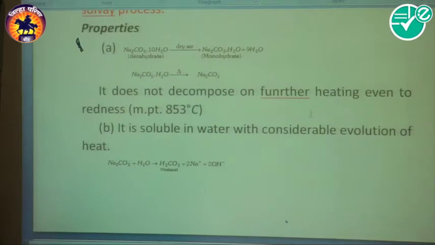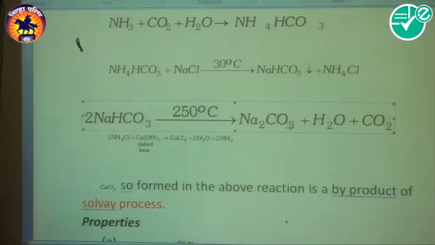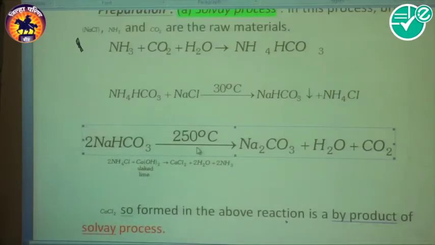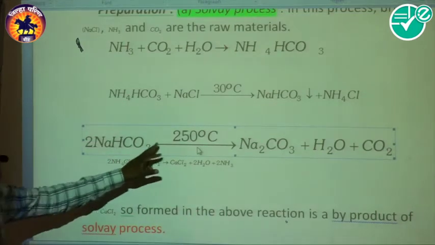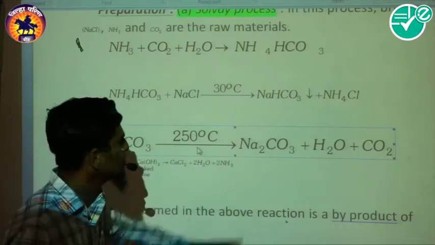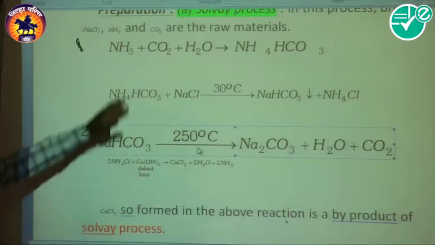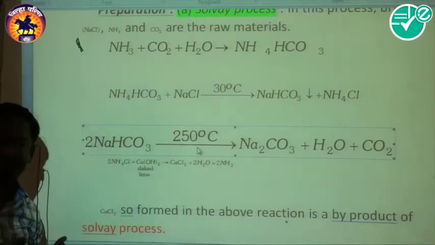Okay, these are the reactions. After sodium bicarbonate is prepared, you provide heat, then you obtain Na2CO3. Whatever ammonia you have taken here gets regenerated in this process.